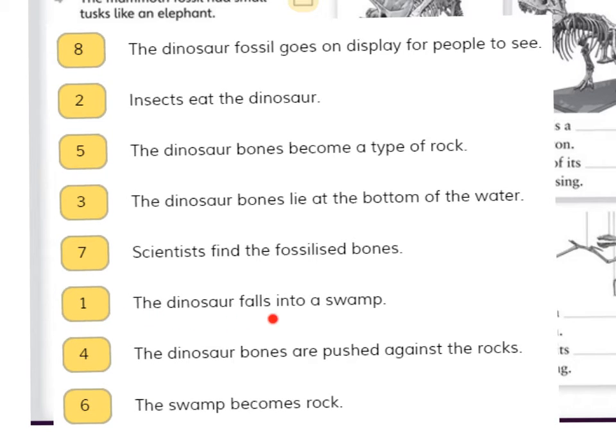Number 1, the dinosaur falls into a swamp.